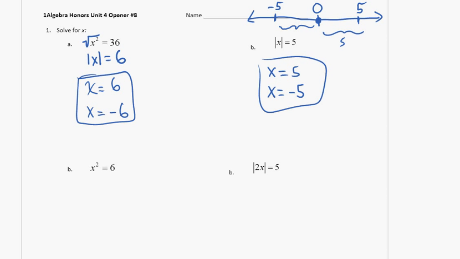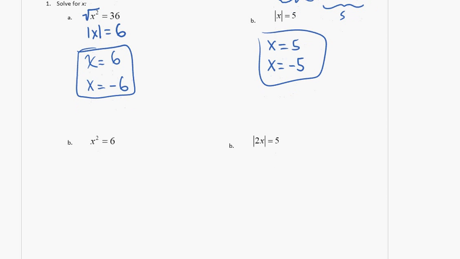Okay, well, let's keep going and look at these next two. The first one is x squared equals negative 6. So if we think about square rooting on both sides, we would get that the absolute value of x is equal to the square root of 6. Now, I don't know what the square root of 6 is off the top of my head, and if you wanted to, you could get out a calculator and punch in square root of 6 and get a decimal approximation, but I don't really think that's necessary.